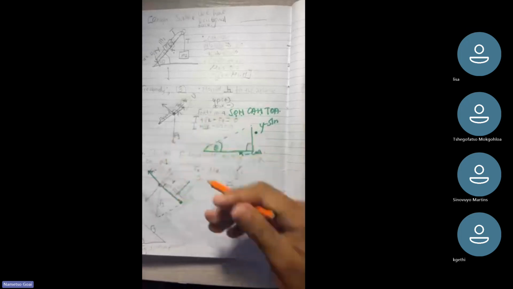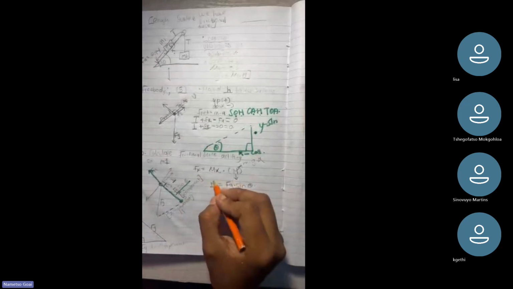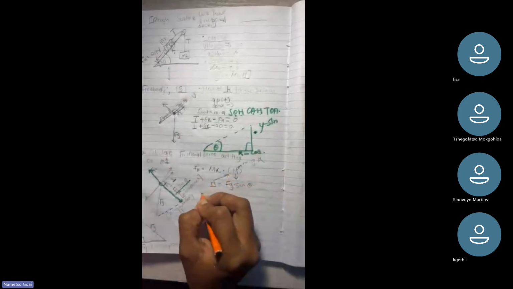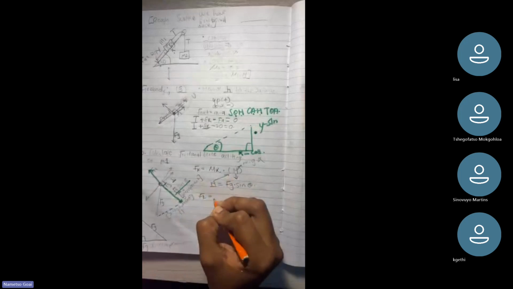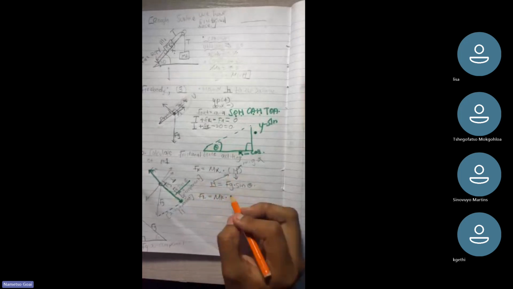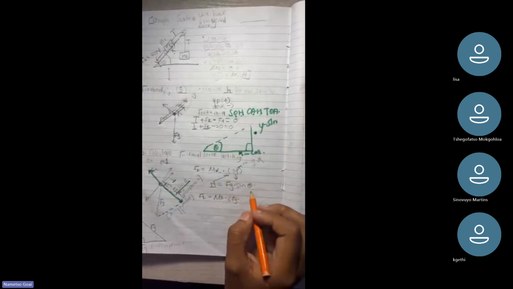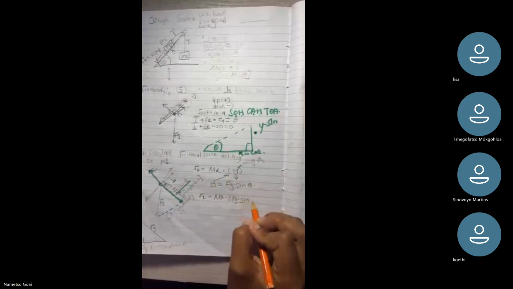Because remember I said the perpendicular deals with the y, and the parallel, which is this one, deals with the x component, right? So we will have n equals Fg sine theta. Now let's substitute this n over here. So here we have Fk equals mu k, which is our coefficient, multiplied by Fg multiplied by sine of theta.